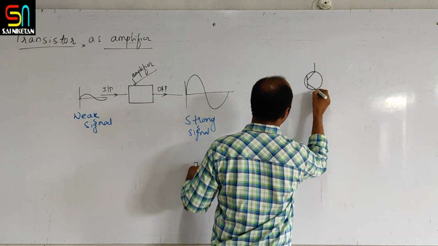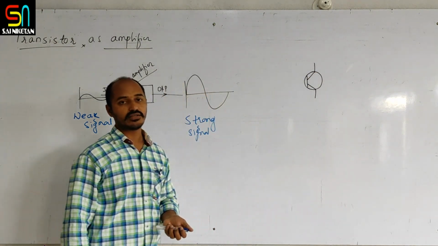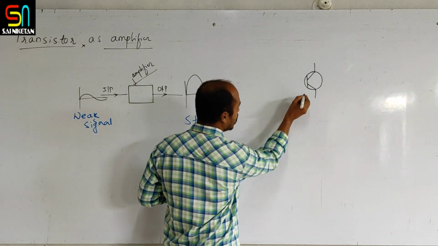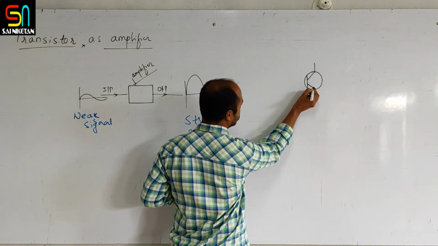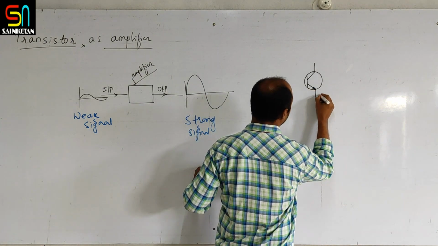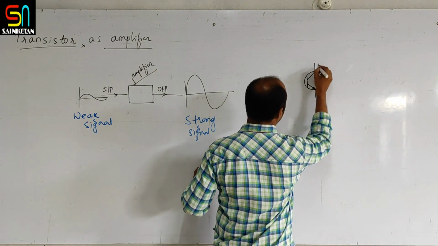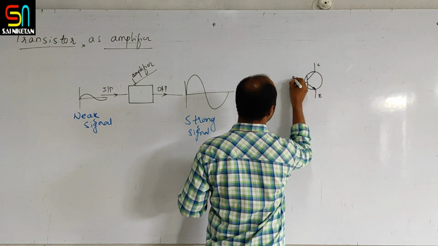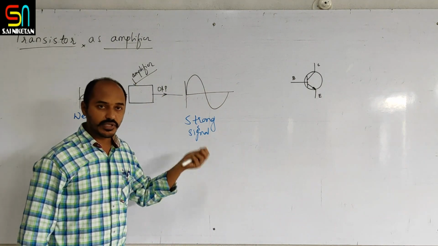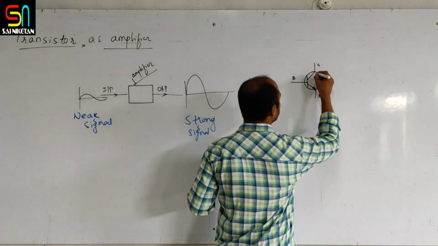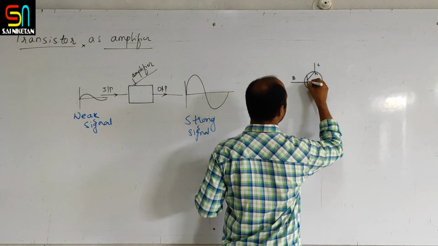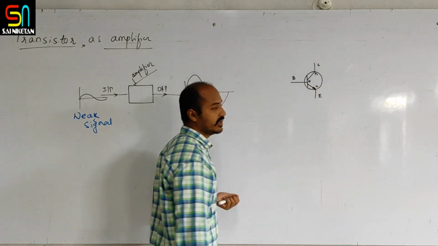This is the NPN transistor, and if I mark the arrow here, this becomes the emitter, this becomes the collector, and here is the base. Being an NPN junction, this is N, this is P, and this is N.